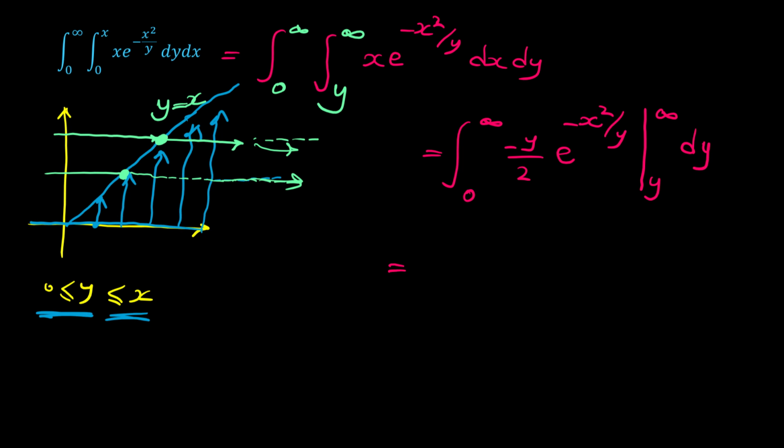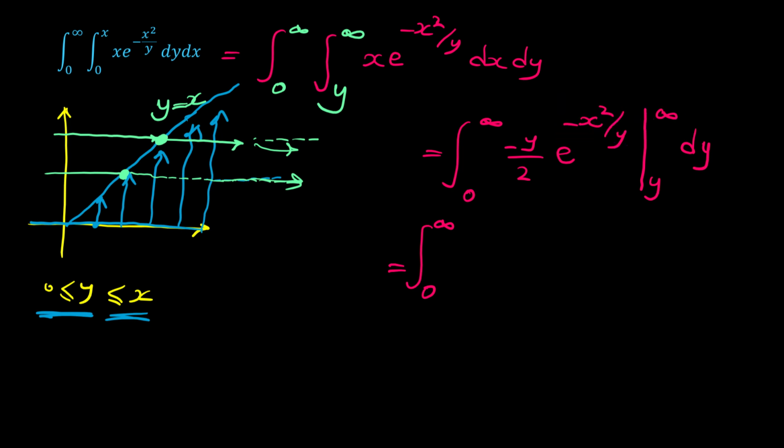Now, as you know, we have to substitute infinity for x, and y for x, and then simplify. This equals the integral from 0 to infinity. When we substitute infinity, it's better to say when x approaches infinity. x goes to infinity, so x squared also goes to infinity. So this power is going to negative infinity.